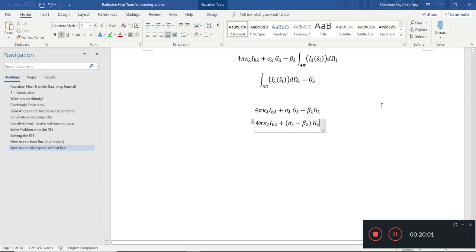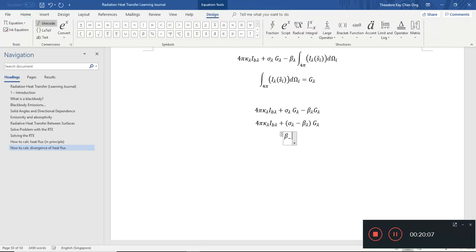So what is this then? Remember, beta lambda equals sigma lambda plus kappa lambda. So the extinction coefficient is equal to the scattering coefficient plus the absorption coefficient.